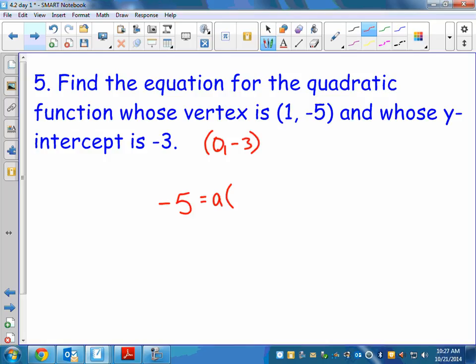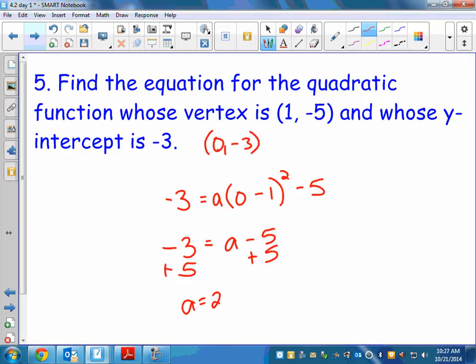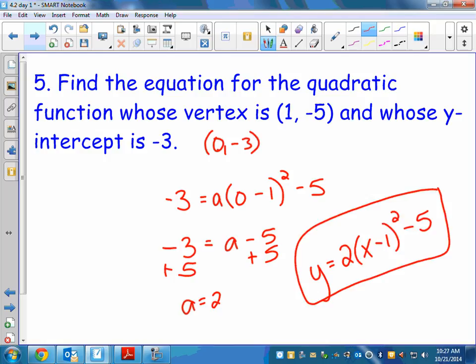Oh my gosh, I'm screwing this up. -3 equals a times (0 minus 1) squared minus 5. So you can sometimes get around the work by doing that.